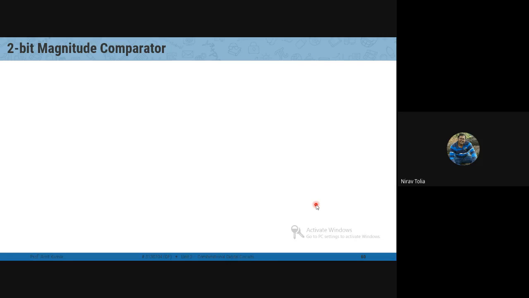Again, the 2-bit magnitude comparator. We have two binary numbers A and B, but now these two binary numbers have 2 bits. A is equal to A1 A0, and B is equal to B1 B0. Now we have to compare these numbers.